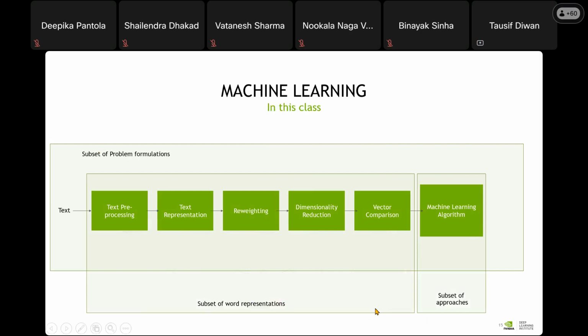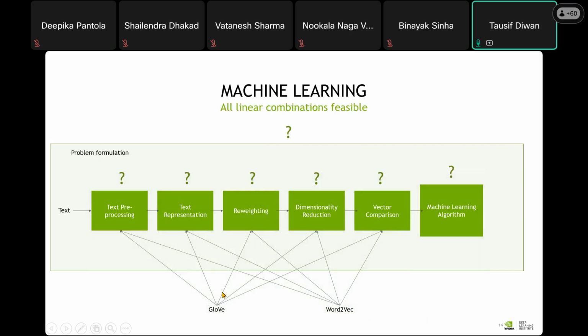The various standard algorithms for this kind of representation are known as GloVe, the global vector, and word2vec. All these algorithms are used for the pre-processing part and representation part: text pre-processing, text representation, reweighting, dimensionality reduction, and vector comparison.